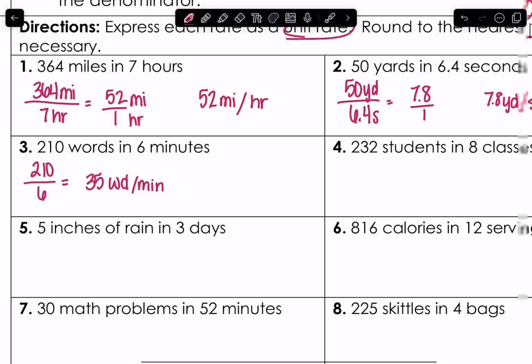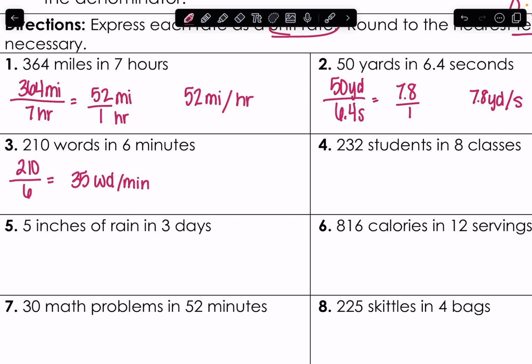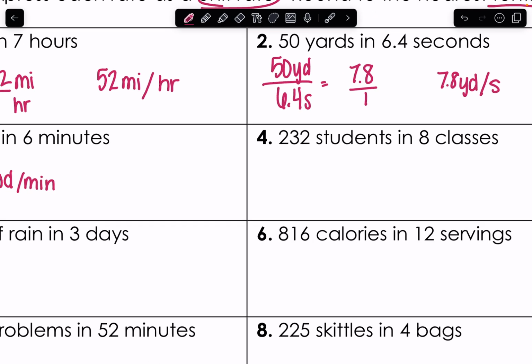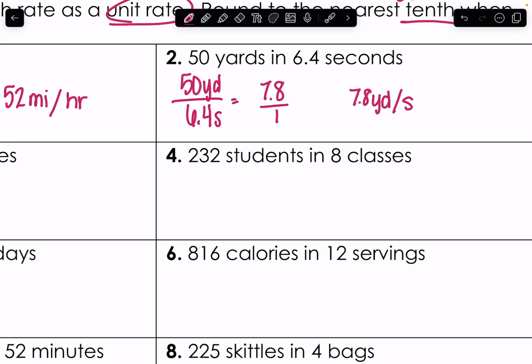Sometimes it's important to know just the unit rate, just 1 unit. Next, 232 students in 8 classes. We take 232 divided by 8, so I get an answer of 29 students per class. That's also helpful. This is kind of like finding the average. On average, there would be 29 students per class if there were 232 in 8.